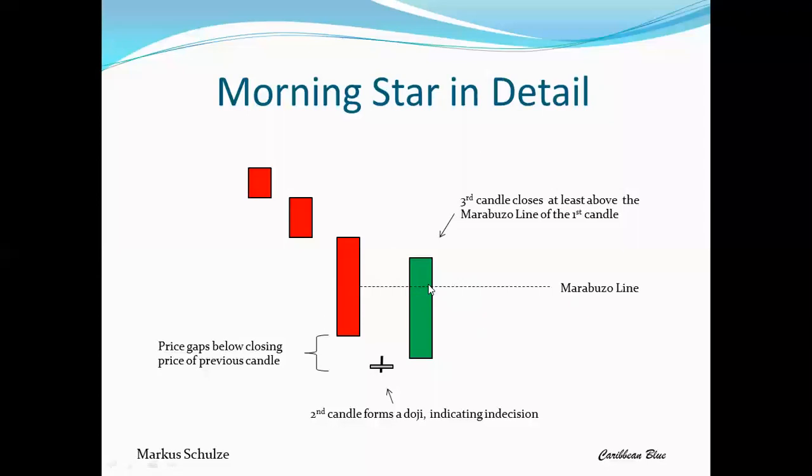A lot of times these will form somewhat significant resistance and support patterns. So the fact that the third candle broke through this initial resistance line and closed above it is a strong indication that we're looking for continued trend now to the upside. So for the morning star, we're looking for a downtrend, a strong impulse on the first candle, a doji as the second candle, and the third candle breaks and closes above the halfway line, the Marabuzo line, of the previous candle.